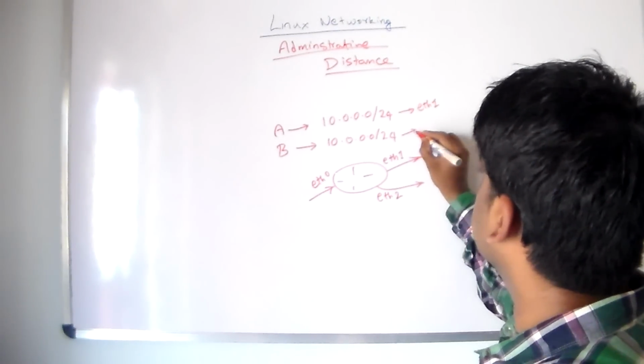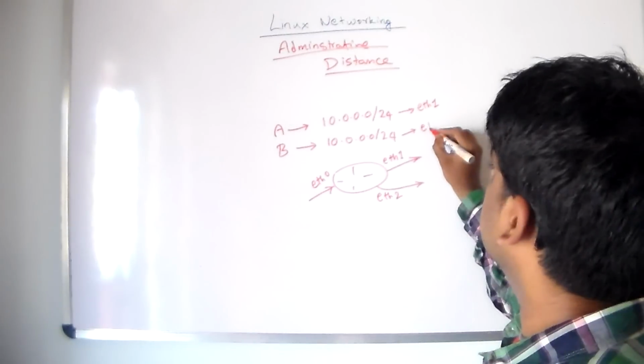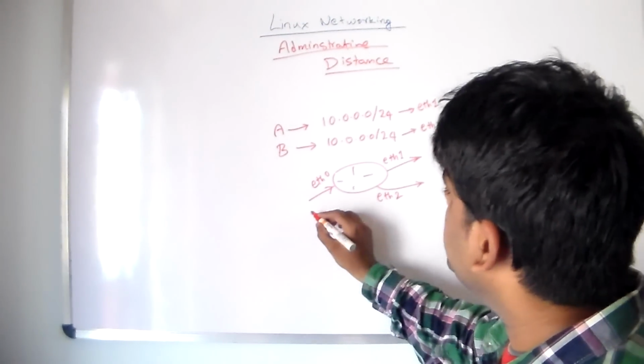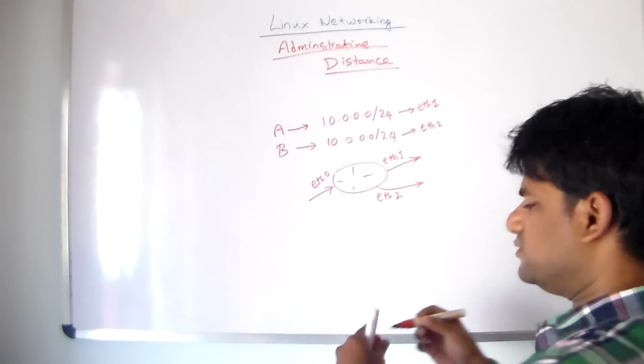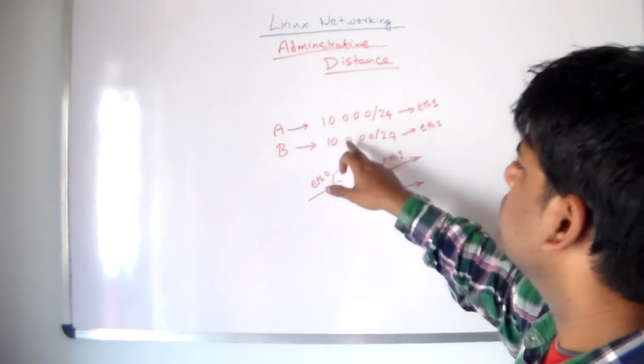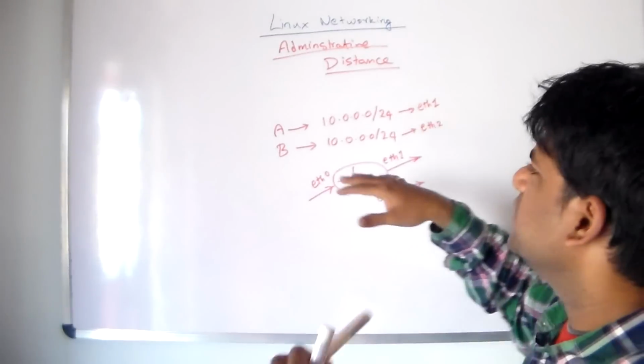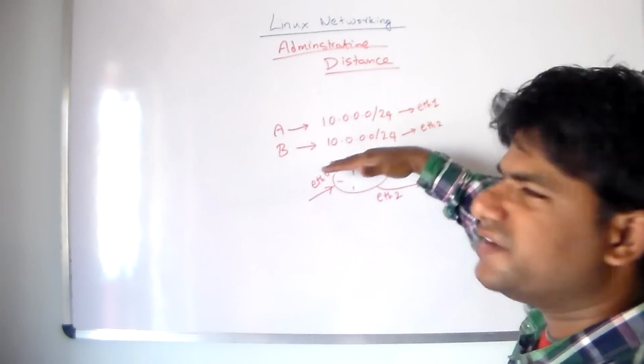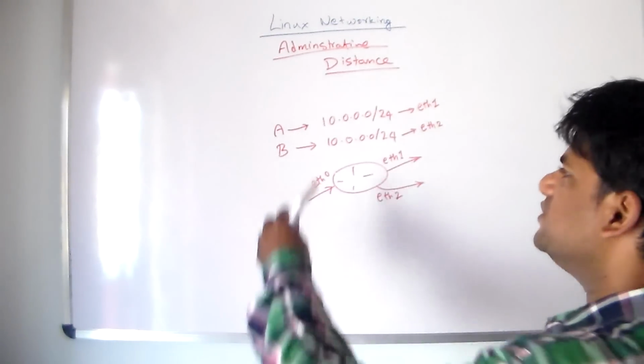In this case B says forward it to ETH2. In such a scenario, when you get a packet, how does the router take a decision to choose which route among these two? Because if you don't have a kind of metric, the router doesn't have a clue which one to choose.